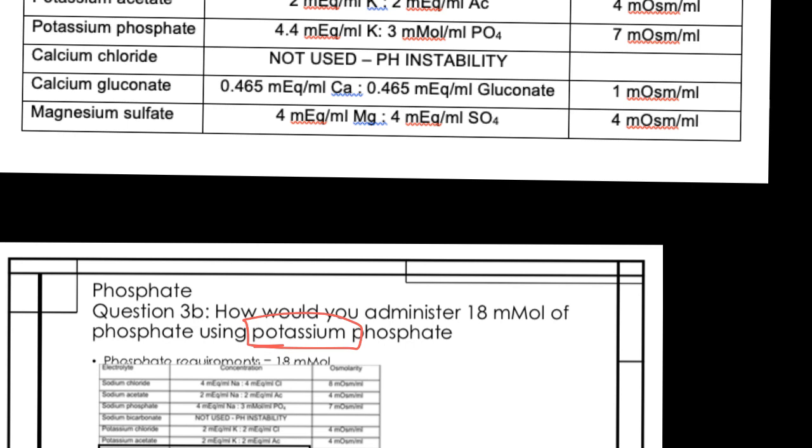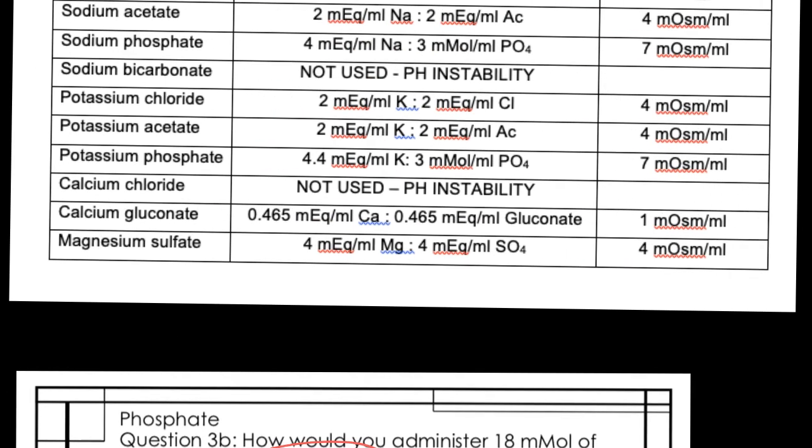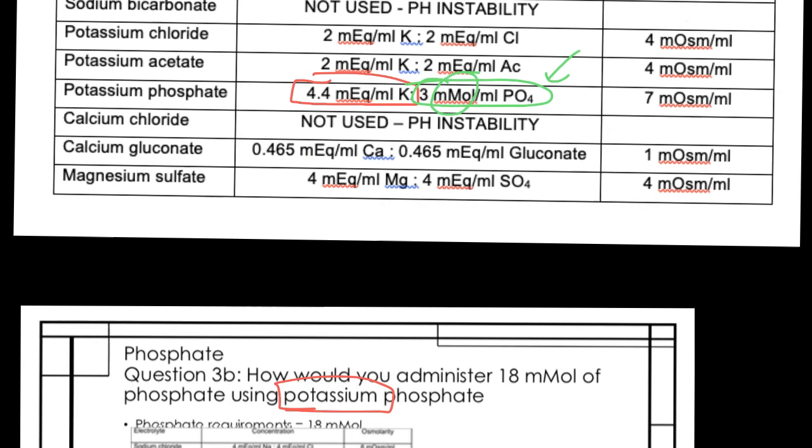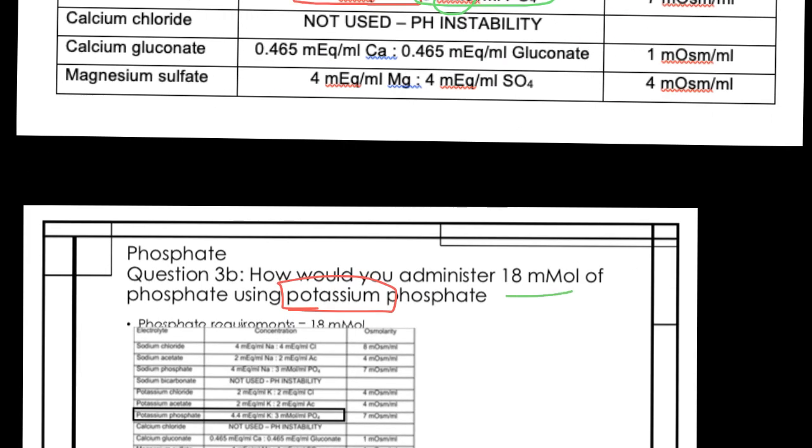Potassium phosphate is 4.4 milliequivalents per milliliter of potassium, or 3 millimoles per milliliter of phosphate. So you know phosphate is in millimoles. Check your units. Always check your units. So we're going to use 3 because 3 is in millimoles and you're operating with millimoles over here. So 3 millimoles per milliliter of phosphate, and you need 18.